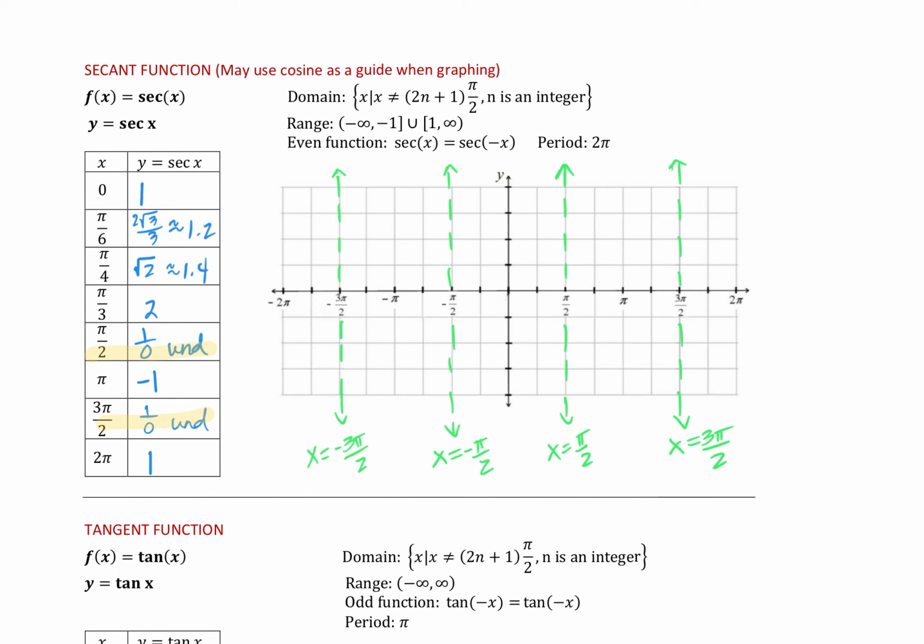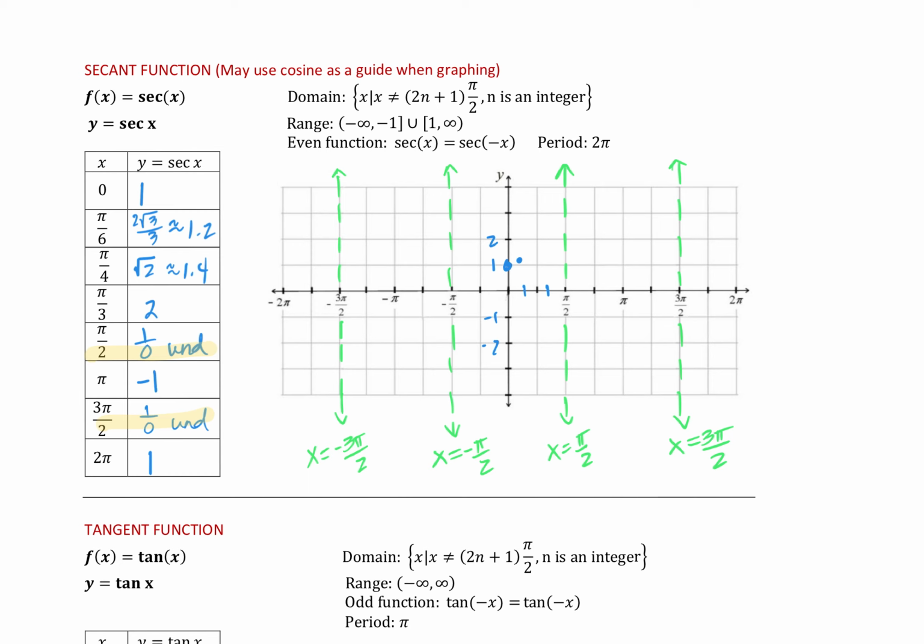So let's look at these values in the first quadrant. At 0, we're at 1. So let me go ahead and do a 1, 2, -1, -2. So at 0, we're at 1. At pi over 6, so remember that's breaking this up into thirds, we're at 1.2, so a little bit above.